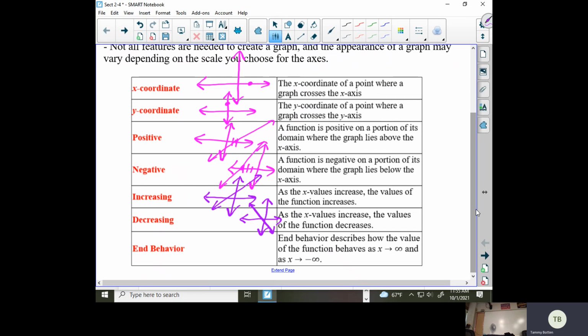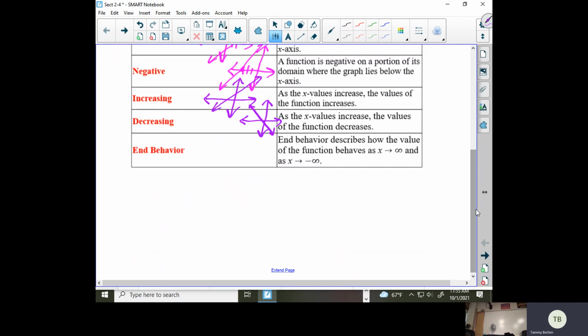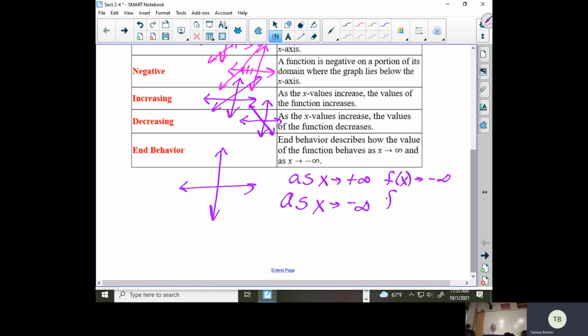And then the end behavior, that's what we did yesterday, but they might say to you in sketching the graph, as x approaches positive infinity, f of x approaches negative infinity. And then they might say, as x approaches negative infinity, f of x approaches positive infinity.